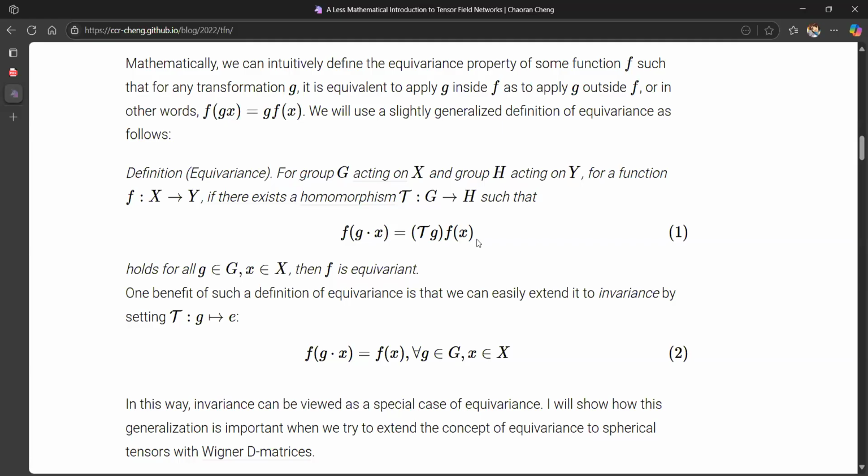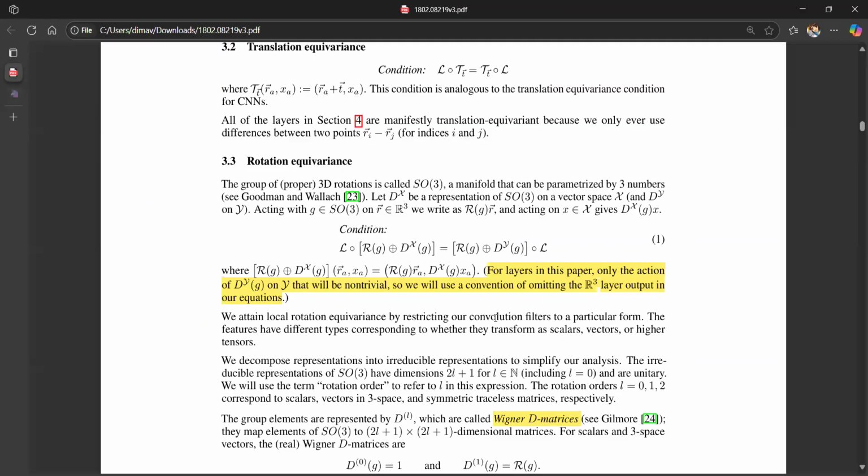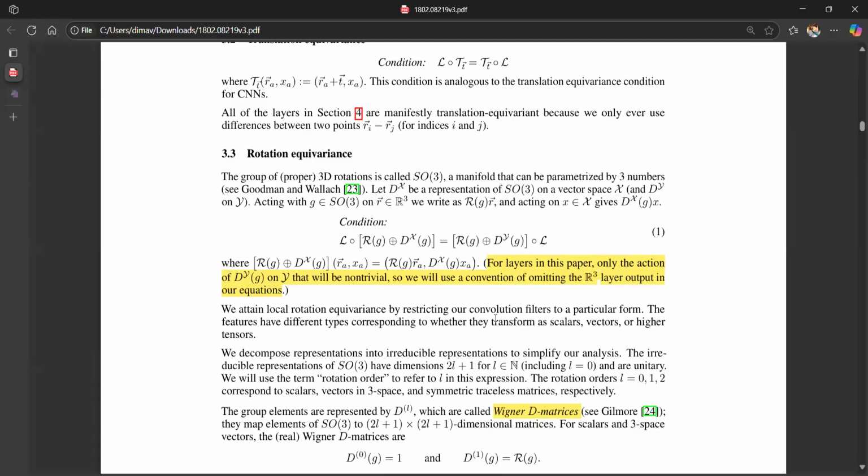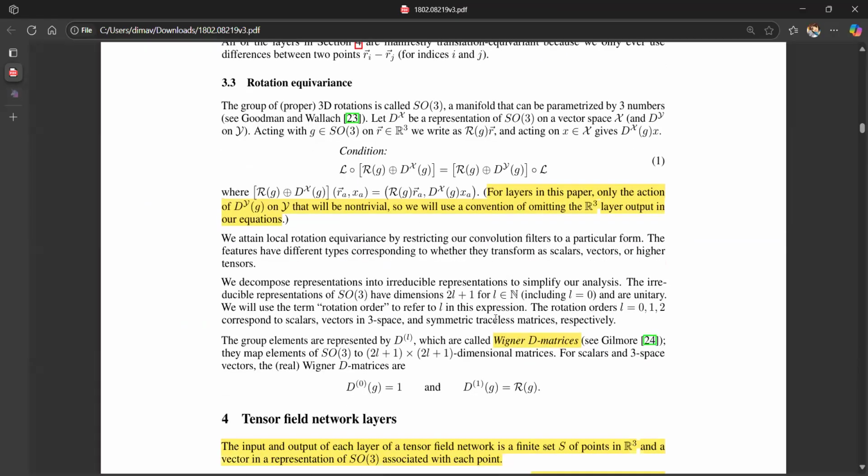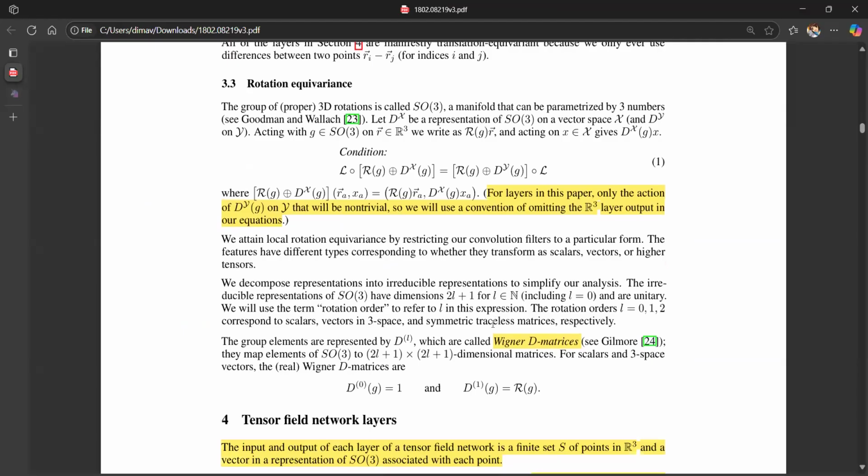To do that, we need some representation of that homomorphism of our group. Here they represent group elements by Wigner matrices.